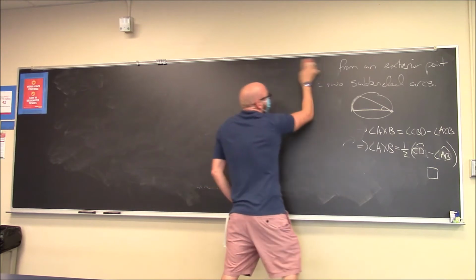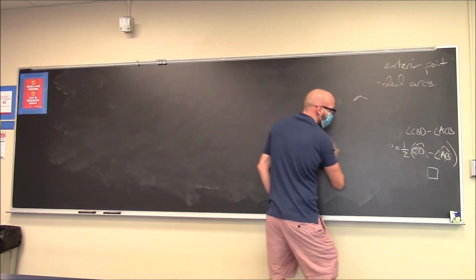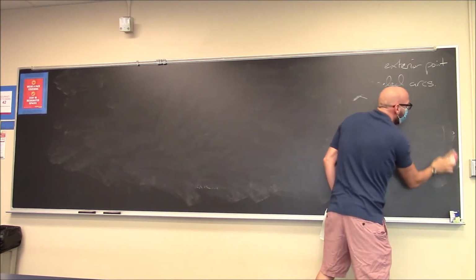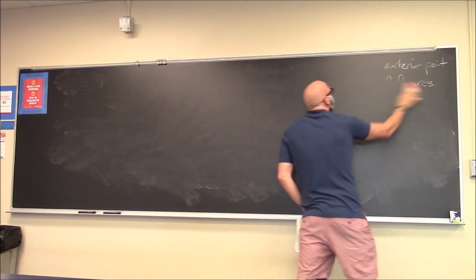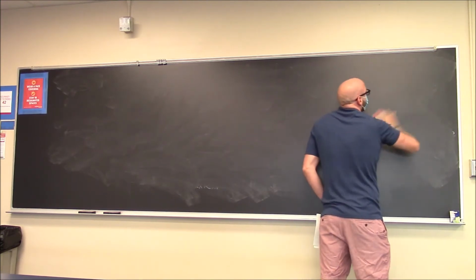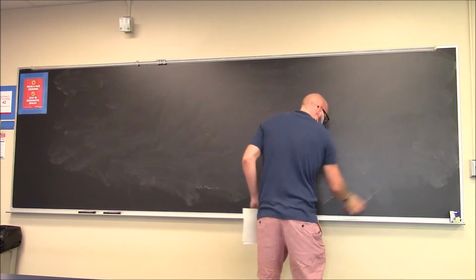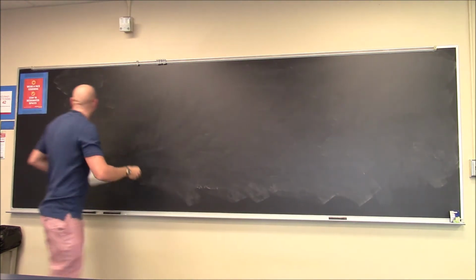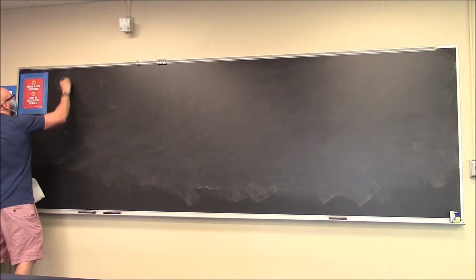So get used to this trick dealing with these things. Quite often you have to draw in extra segments to create triangles on the interior, in particular creating inscribed angles that subtend the arcs you're looking at. But we'll move off in a slightly different direction here.